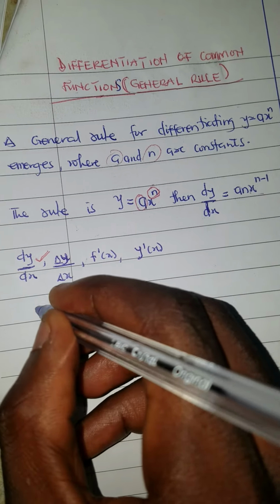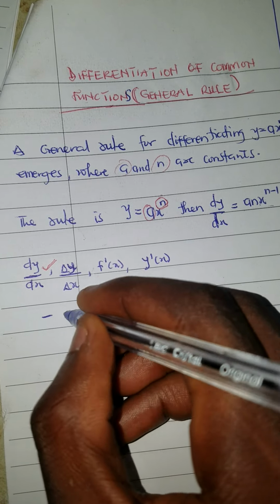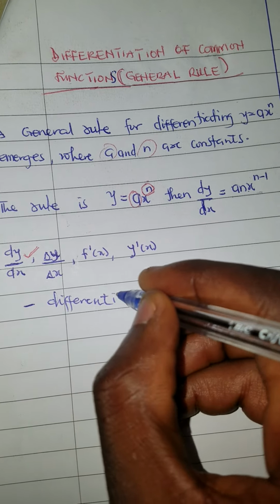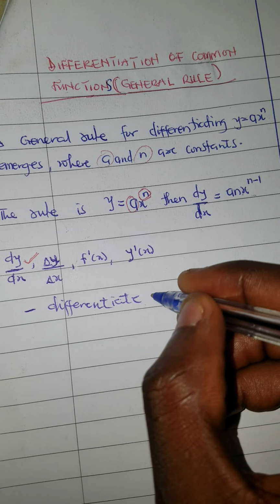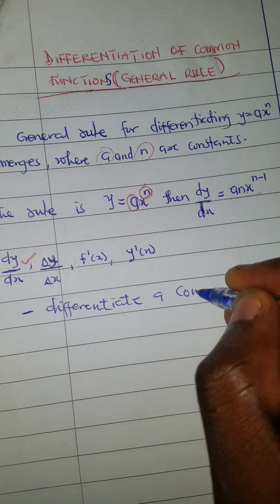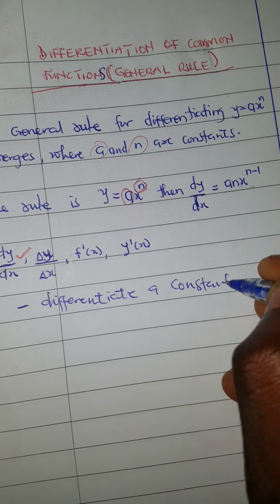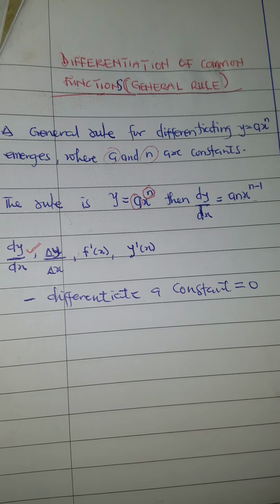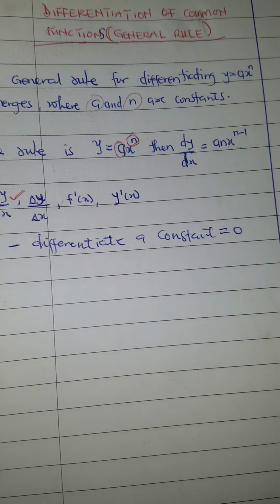Now I also want to let you know that whenever we differentiate a constant, then the function becomes 0. The function is equal to 0.